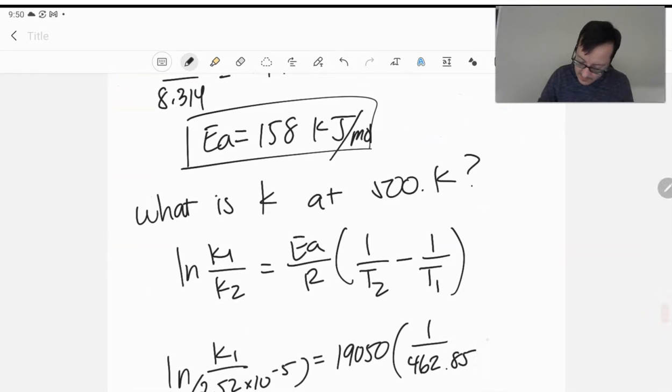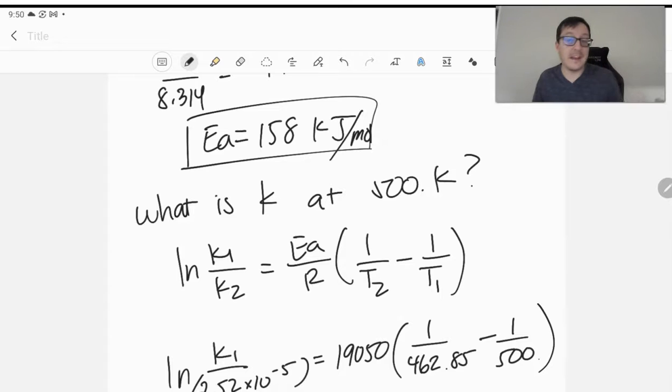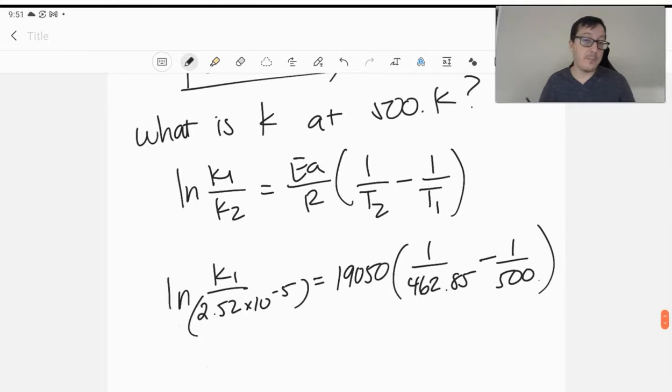And then we need to do minus 1 over 500, since that's the temperature that we're looking for. Remember that we're setting the one we're looking for as number 1, so k1 and T1. All right, this is kind of a pain to solve, but we can do it. We just need to do e to both sides as we go through it.